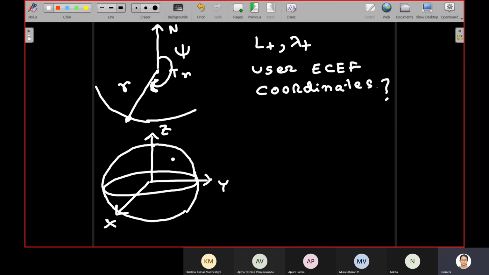Let's say here the transmitter is. Latitude and longitude are given. If height is not given for the transmitter, you have to assume 0. Because you cannot assume that the transmitter coordinates are not known. Height of the transmitter is not known. You need to find the user coordinates, not transmitter coordinates.